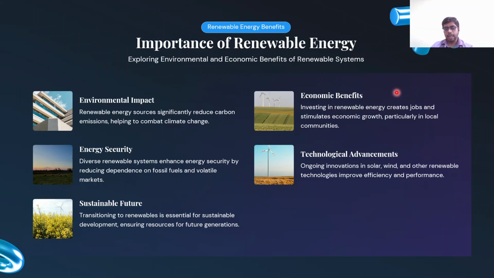So it will create job opportunities for the community, responsibilities for the communities, and it will create leaders out of the community and so on. So there are various impacts other than generating the electricity or meeting the energy requirement. There are other various impacts of this renewable energy utilization as well.